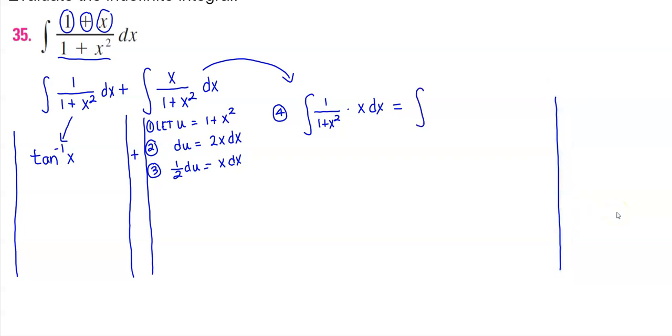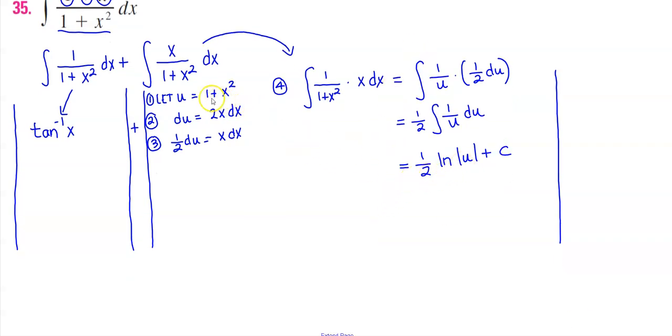So we have 1 over u times 1/2 du. Now we're going to factor out the 1/2, so we have 1/2 times the integral of 1 over u du. Then this becomes 1/2 times the natural log of the absolute value of u plus c.